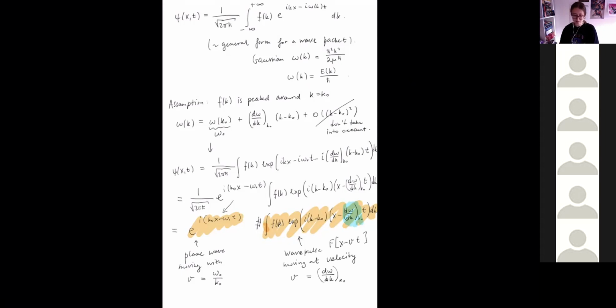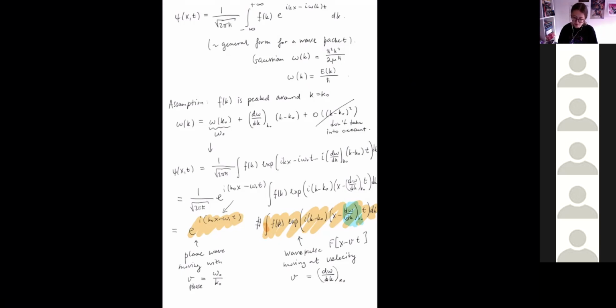Since we can identify two velocities, we can identify this psi of xt as a product of these two waves, which move with different characteristic velocities. The velocity of the plane wave part is the phase velocity. It corresponds to how the crest of the wave moves, so what is happening with the wave within the envelope.